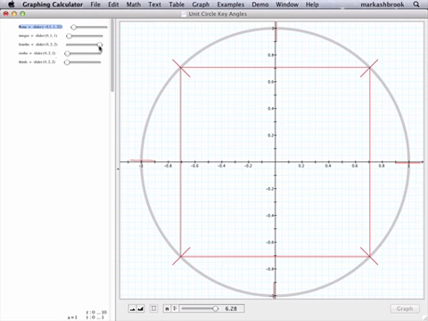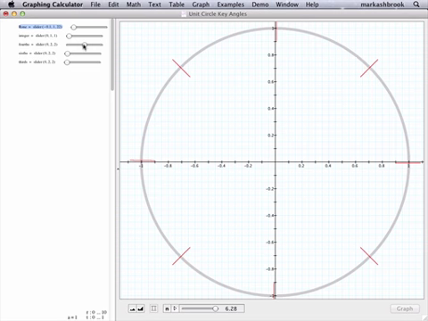Okay, so it begins with, again, what is our first angle? It all starts with this angle over here, half of a circle, which is pi. If half a circle is pi, then what's a quarter circle? Pi over 2.